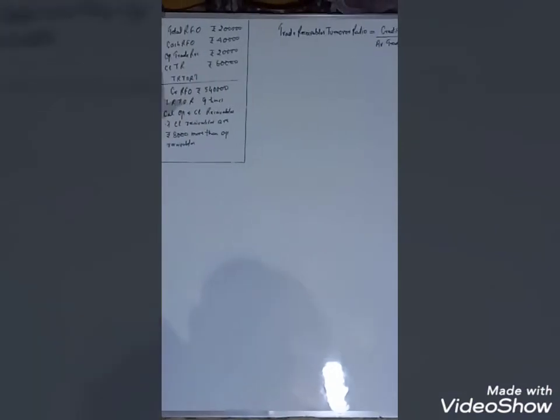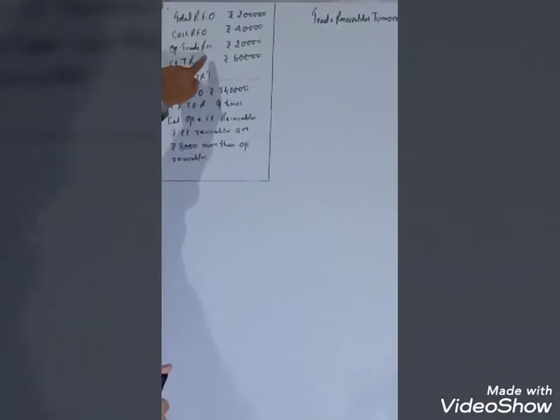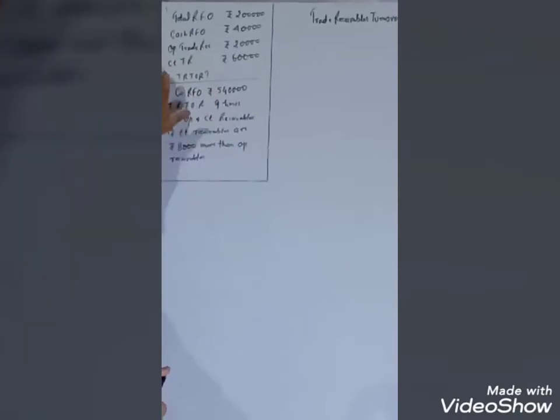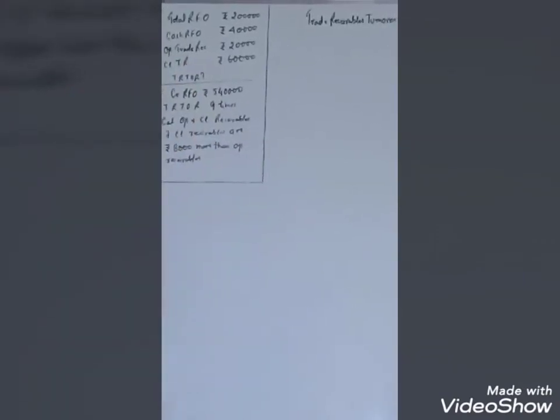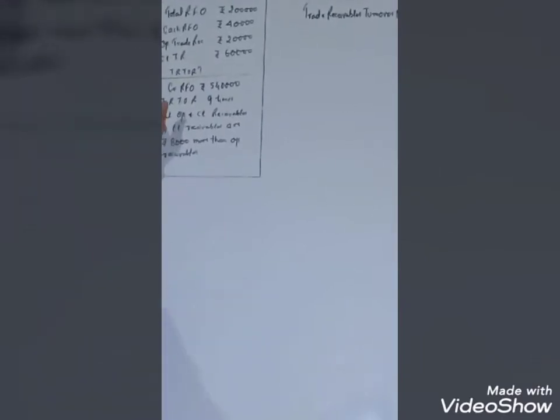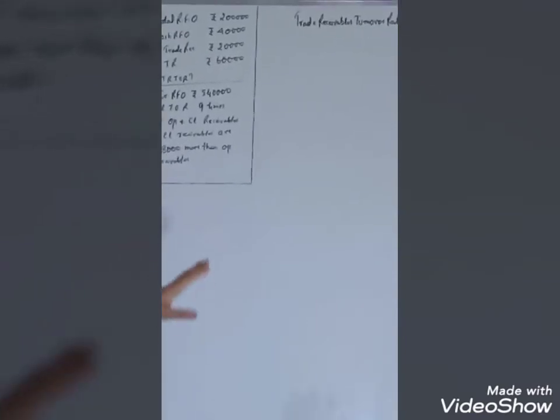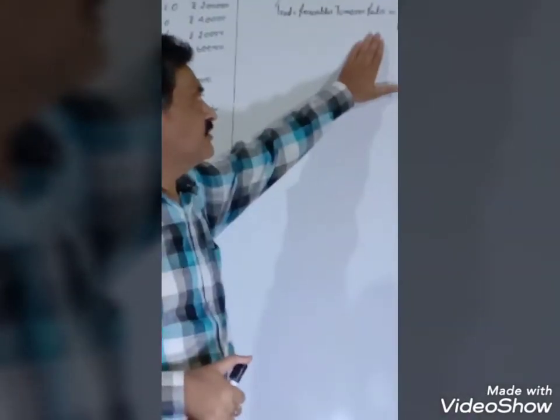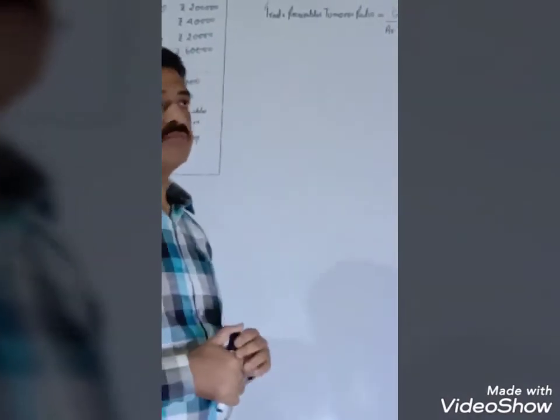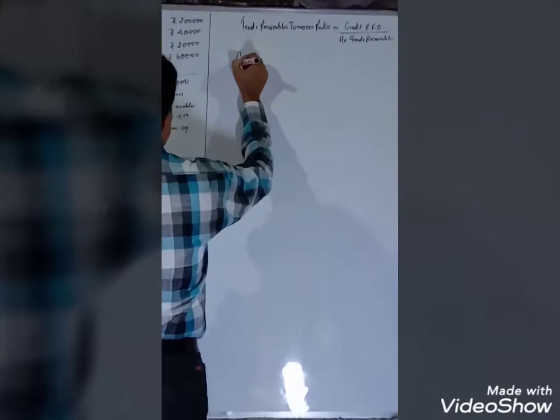I have taken the question: total revenue from operations rupees 2 lakh, cash revenue from operations rupees 40,000, opening trade receivables rupees 20,000 and closing trade receivables rupees 60,000. This is the information that is given. Now on the basis of this information, we have to calculate trade receivables turnover ratio. As per the formula, first of all, we need the credit revenue from operations. So we have to calculate credit revenue from operations.